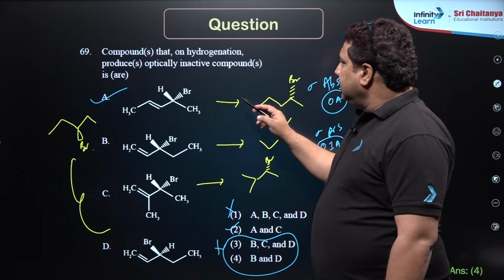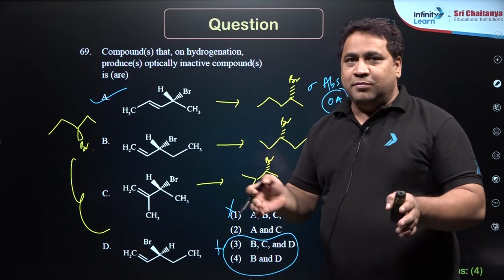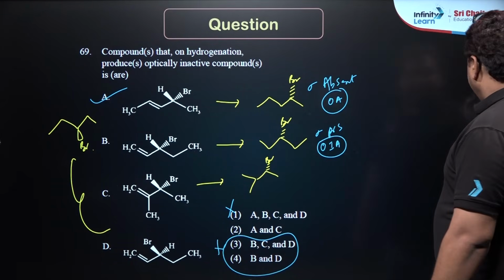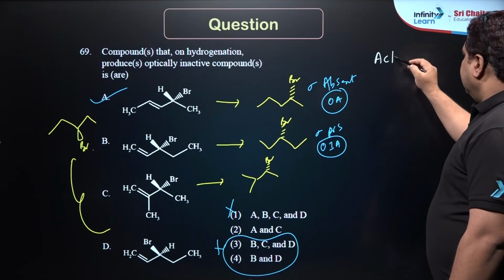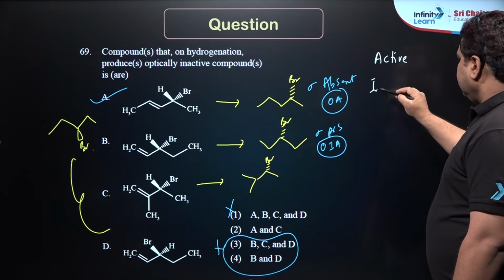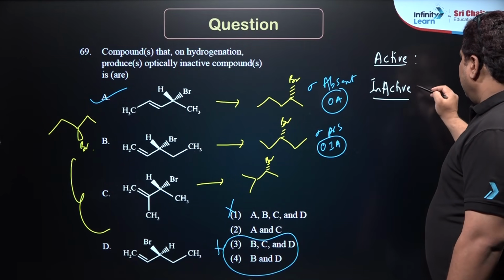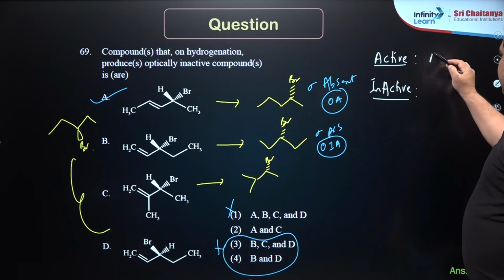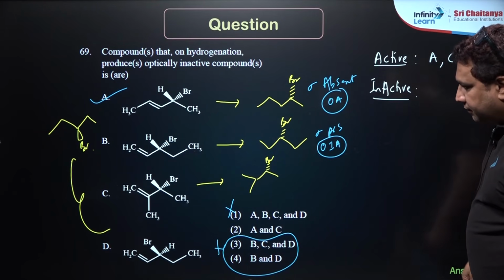What is it asking? One second. Okay, produce optically inactive. Sorry, I am doing optically active. I am doing it in reverse. Otherwise, I'll do it on my rough page. Here I'll write active, inactive. So optically active, who is producing? A will produce optically active. C will produce optically active.